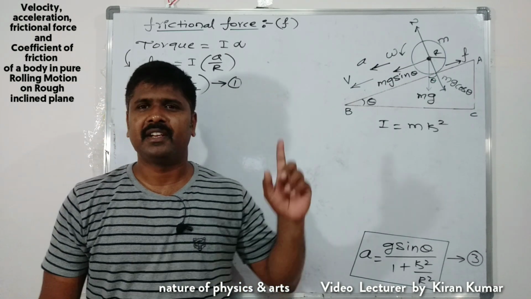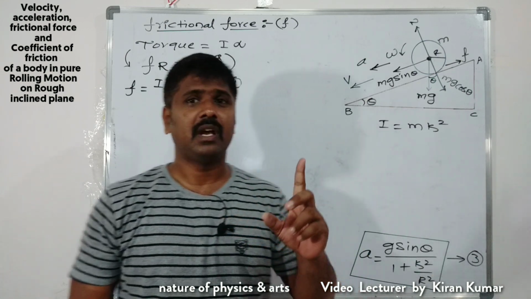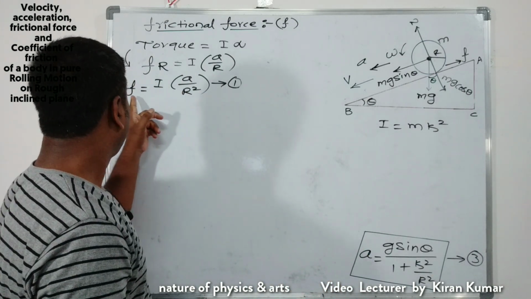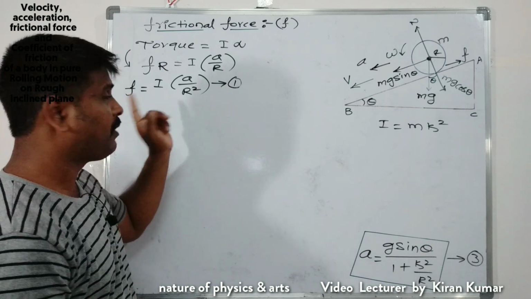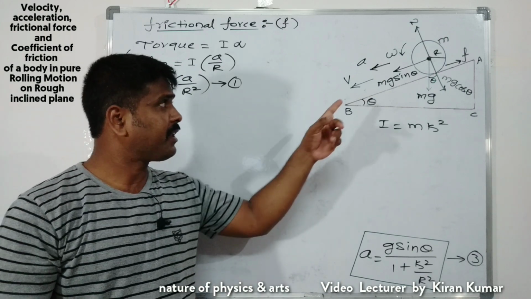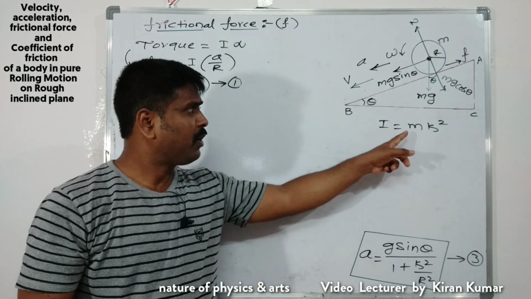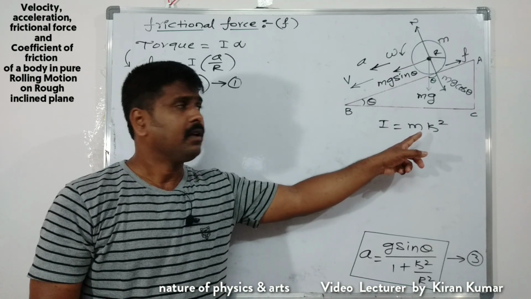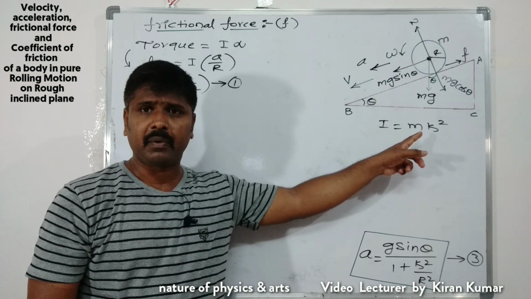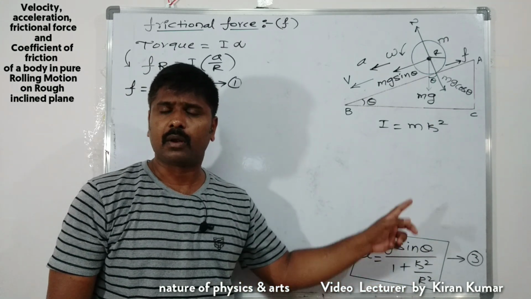Now, continuing with the frictional force after the acceleration. For frictional force we already got equation 1, that is F is equal to moment of inertia into acceleration divided by r square. R is the radius of the rolling body, I is equal to mk square, k is the radius of gyration, and a is the acceleration of the rolling body.